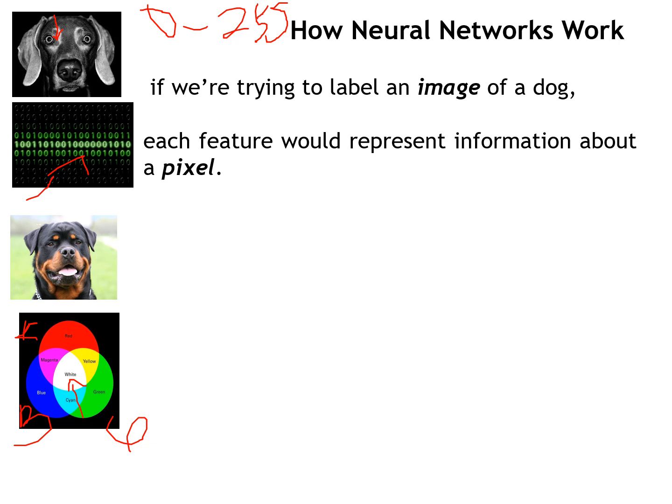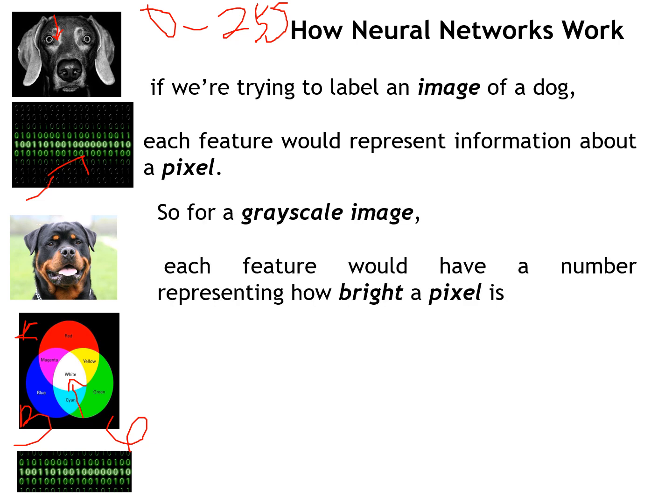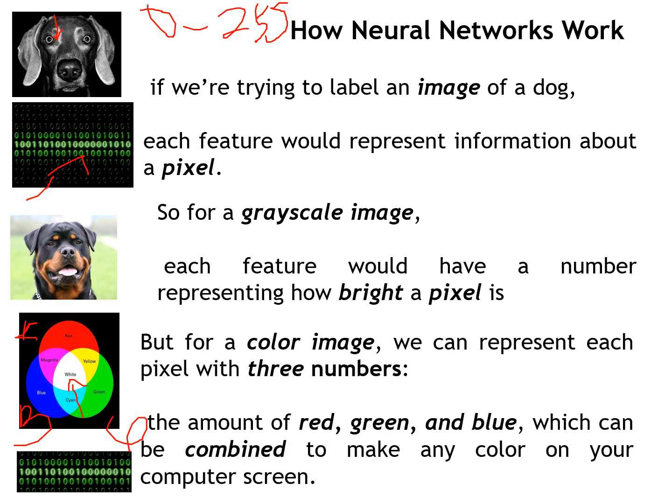Okay, so you can not only see black and white, but you can see using colors by turning this scale of red, blue, and green that computer screens use into numbers. So I told you that we can see in grayscale using computers, using the brightness of the pixels, but when we need to see a color image, you can turn each pixel into three numbers, depending on the amount of red, green, and blue, which can be combined to make any color on your computer screen.